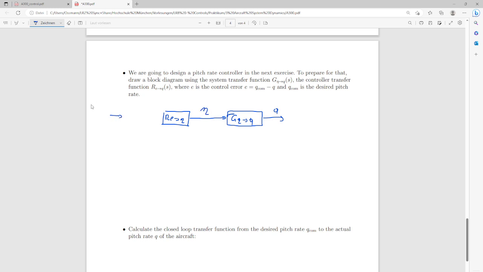We would have a reference signal, which would be any pitch rate the pilot wants to command. And then we have that feedback signal here. We're constructing the control error E, which is nothing but our commanded pitch rate minus our actual pitch rate. And now we've got everything for that exercise.